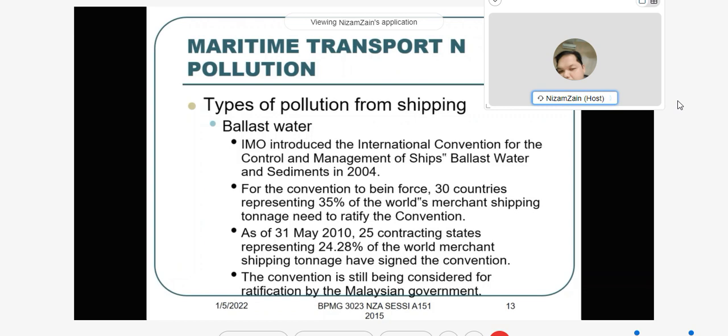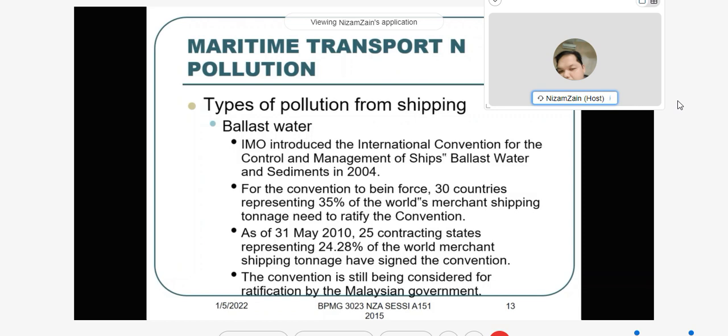Although it's a convention, ratification depends on the country members, right? Okay, maybe some countries are late to ratify, but that doesn't mean that they don't support the convention. Maybe they must think about their local industry readiness to adopt the measures required by the IMO conventions, because maybe it involves money investment.